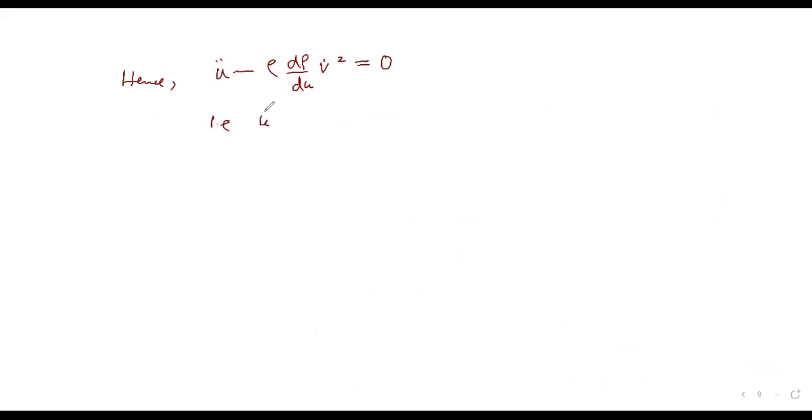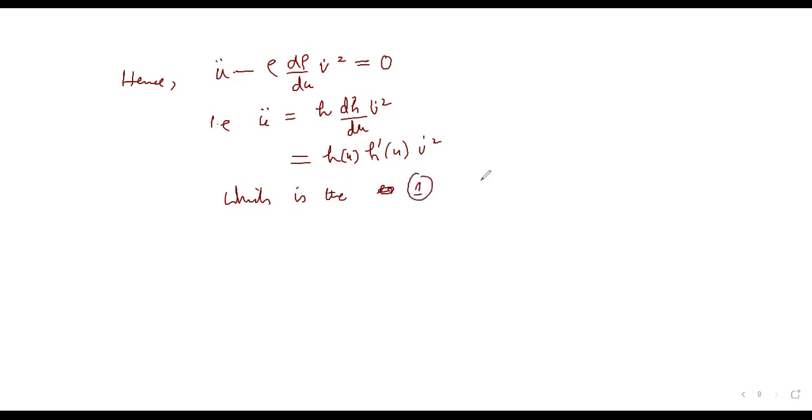That is u double dot must be equal to h into dh by du v dot square, which is the same thing as h dash u v dot square, which is the first geodesic equation, equation 1.